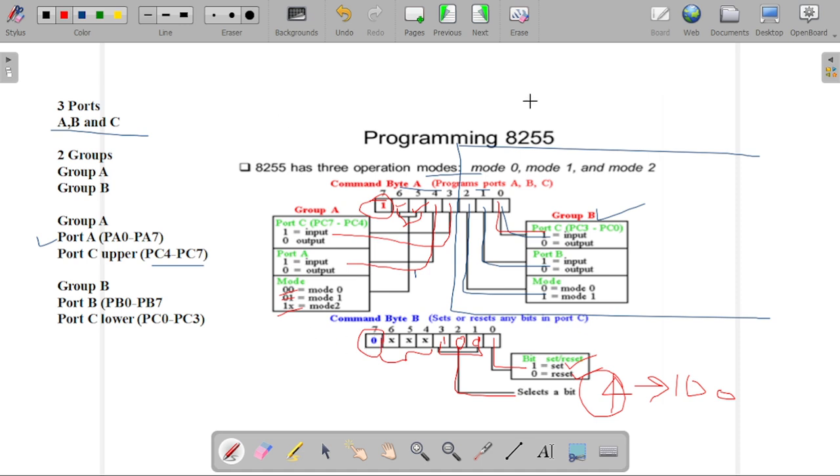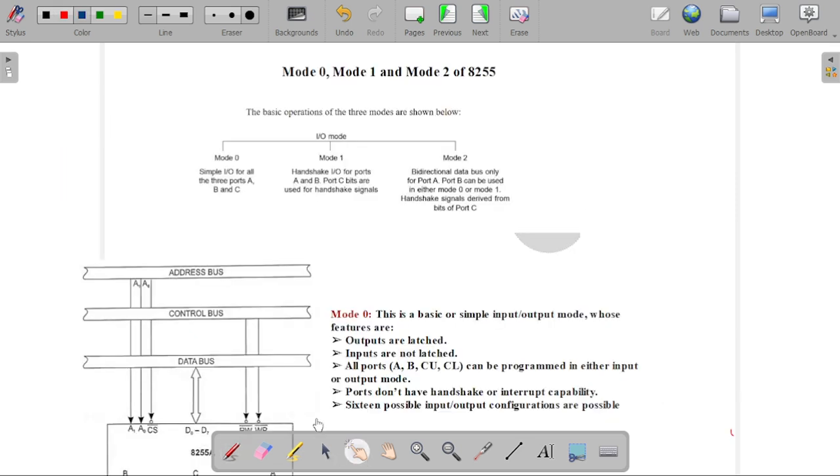So this is the bit structure for mode 0, mode 1 and mode 2. Now we will learn the different modes of operation in a detailed manner. There are 3 modes of operation in our 8255. Mode 0 is used for simple input and output functions, and all the ports are reserved for mode 0 operation.